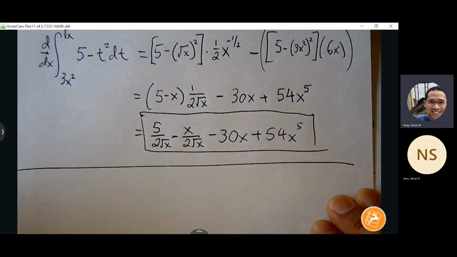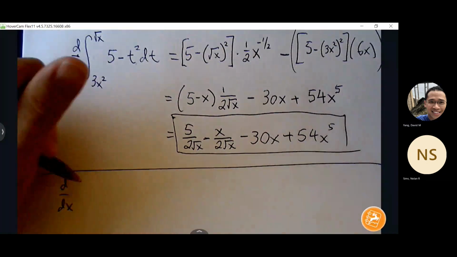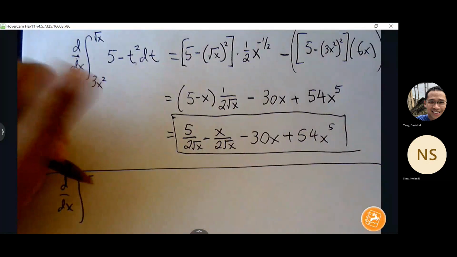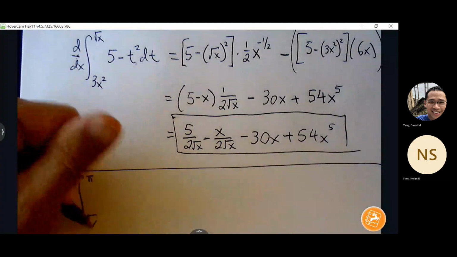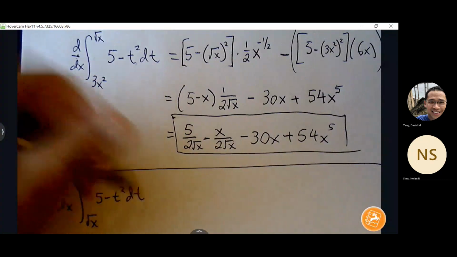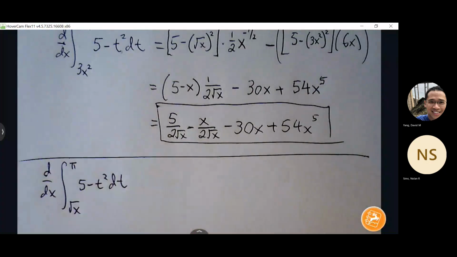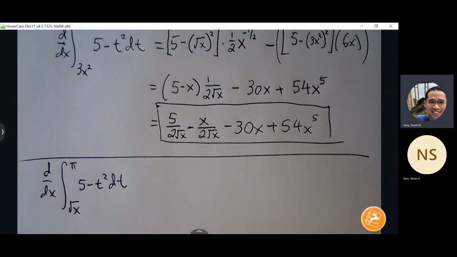Let me do a variation of this problem, see if you can do this one here. Okay, what do you notice about this one here?